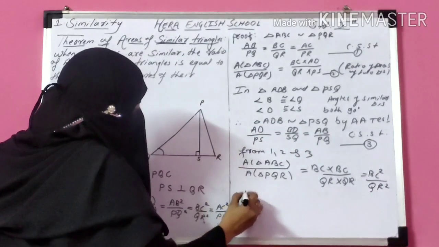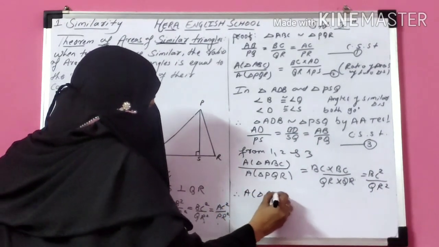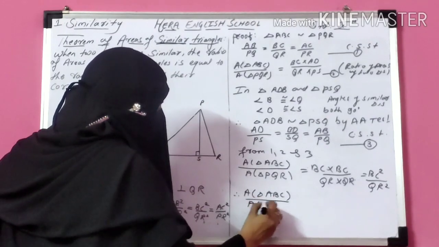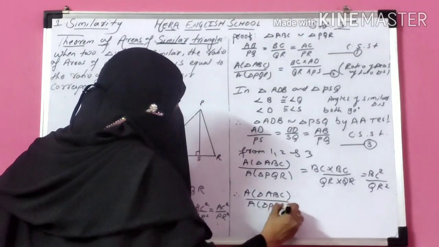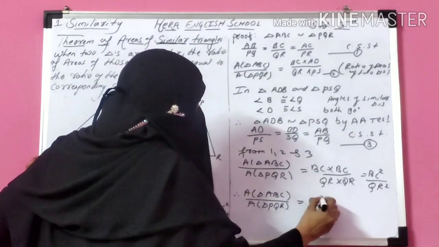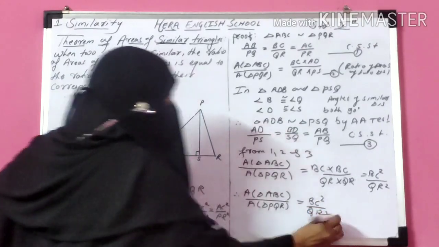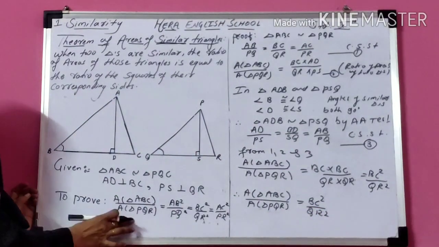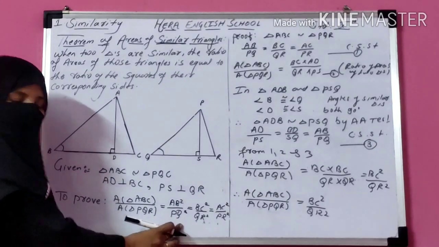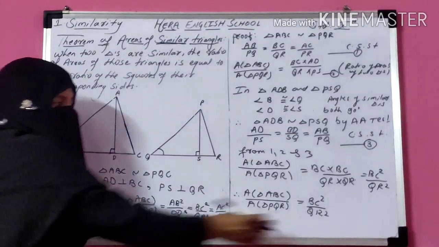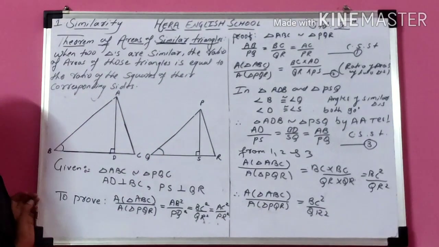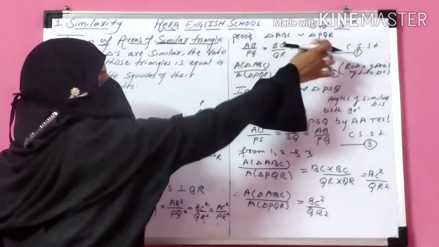So therefore ratio of area of triangle ABC upon area of triangle PQR is equal to BC square upon QR square. Here we prove our theorem, that is, the ratio of areas of similar triangles is proportional to the square of corresponding sides. So all these three ratios are equal.